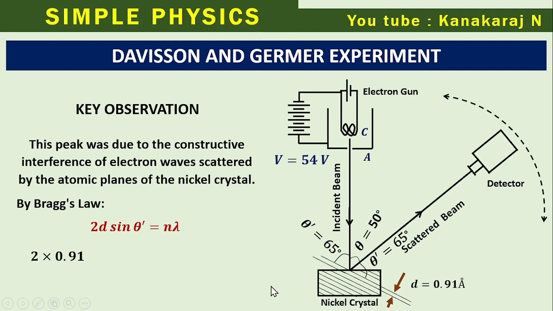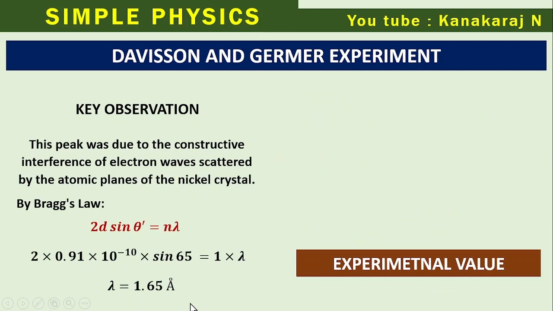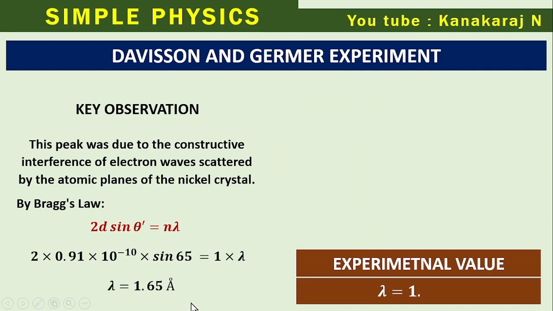Substituting this value, 2 multiplied by 0.91 multiplied by 10 power minus 10 multiplied by sin 65 equals 1 times lambda. Simplifying, we get lambda equals 1.65 Angstrom. So the experimental value is lambda equals 1.65 Angstrom.